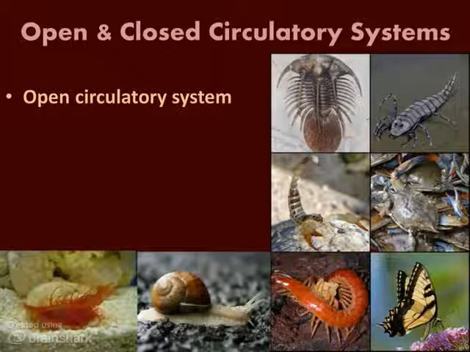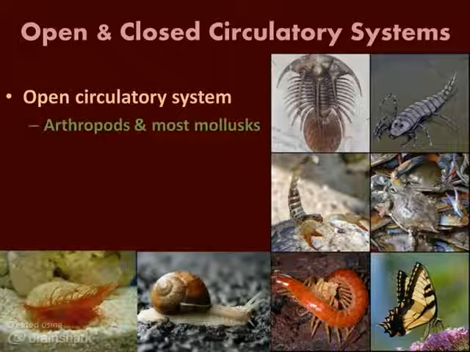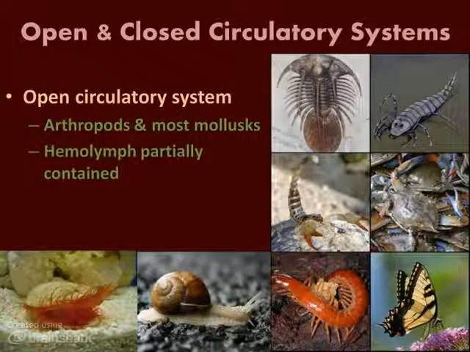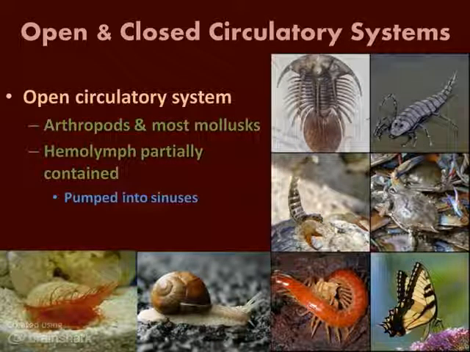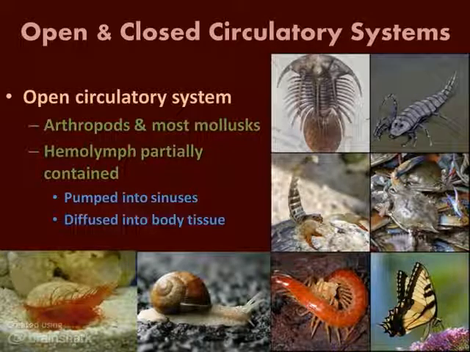A fluid called hemolymph is partially contained in the organism's body. Muscular movements of the animal tend to pump fluid into sinuses or cavities in the body. From there, oxygen and nutrients and carbon dioxide diffuse in and out of body tissue.